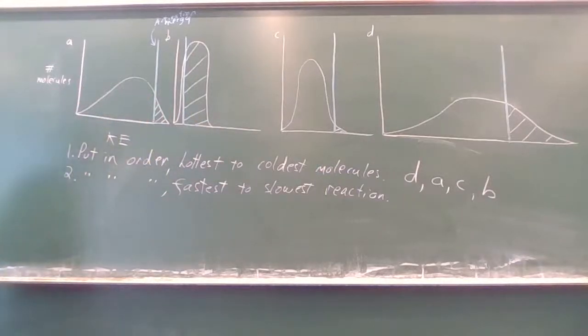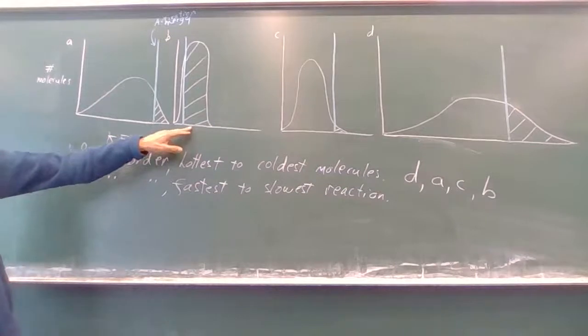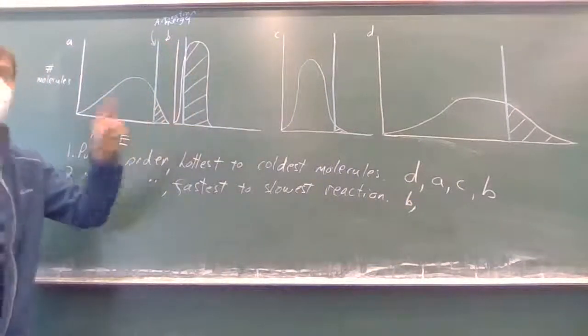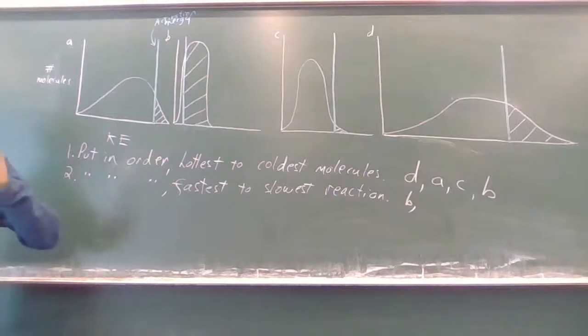Okay. Let's go for the second one, fastest to slowest. I have B is the fastest because it has the most activation energy. No, it doesn't have the most activation energy.